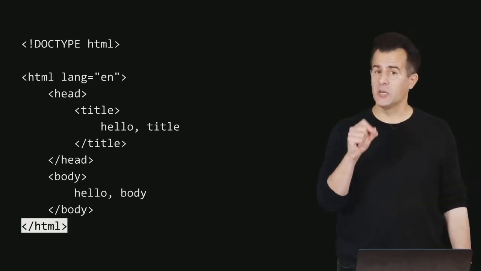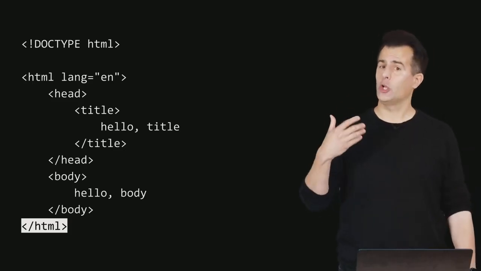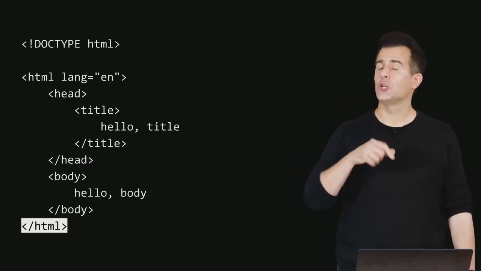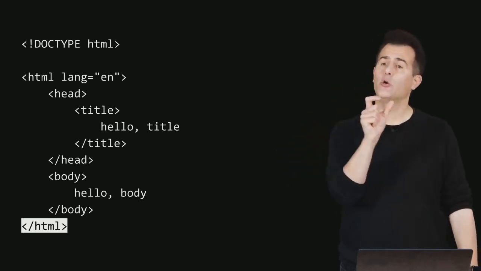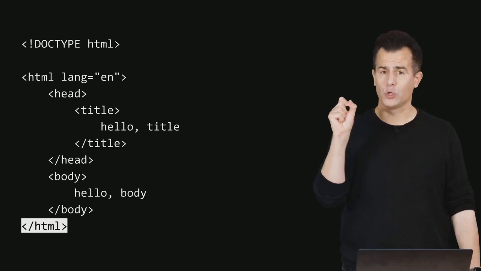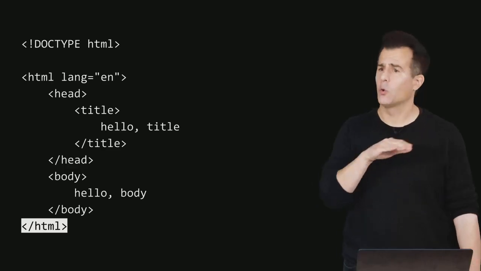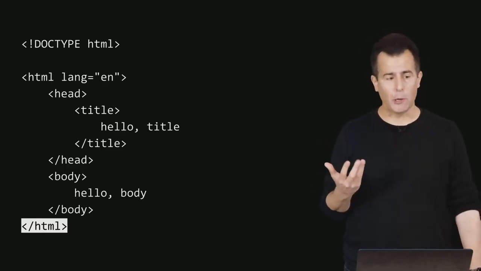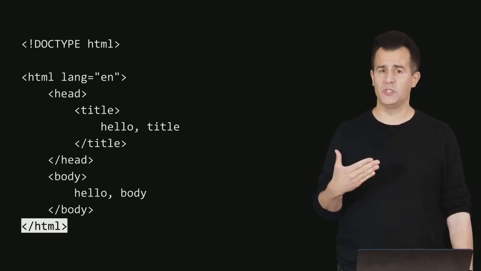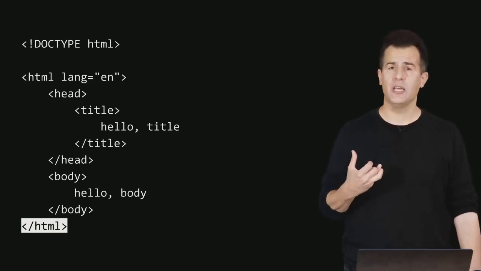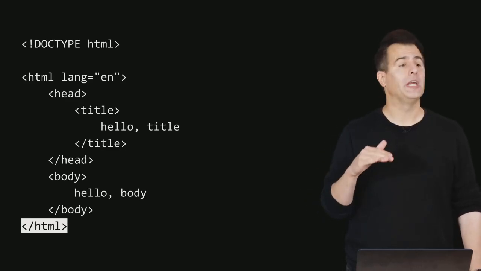Now notice the / indicates the end tag or the close tag, and you don't need to be super verbose. Even though my HTML tag started with a language attribute, lang equals quote unquote en, you don't need to repeat the lang, you don't need to repeat the quotes or the en. It's sort of obvious to the browser that this is closing the previously opened HTML tag. Now, in general, the tags you're seeing should exist in one and only one place.